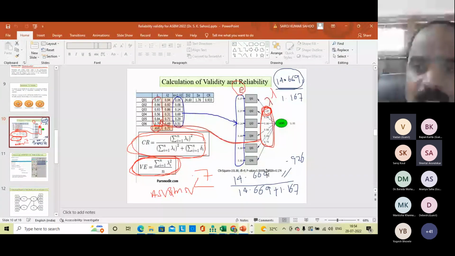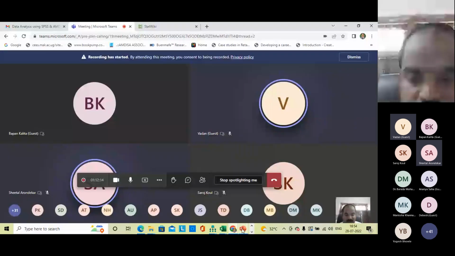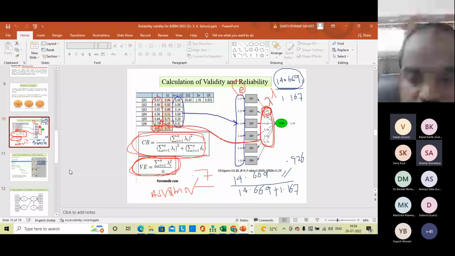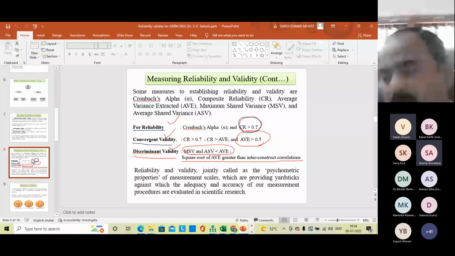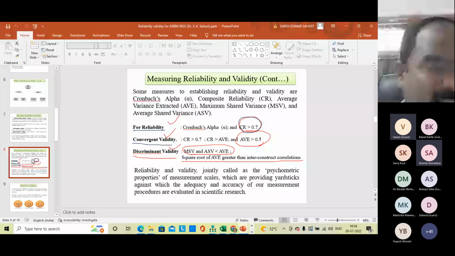Then some of the recent researchers are not satisfied with this criteria of MSV and ASV, because MSV and ASV can randomly vary based upon the specification of your model.